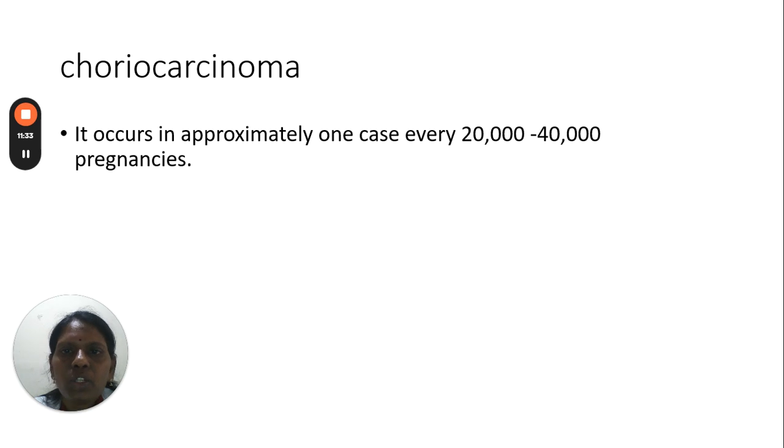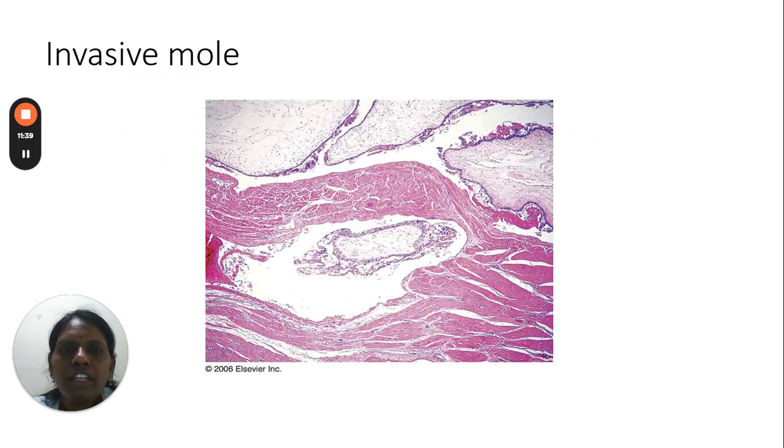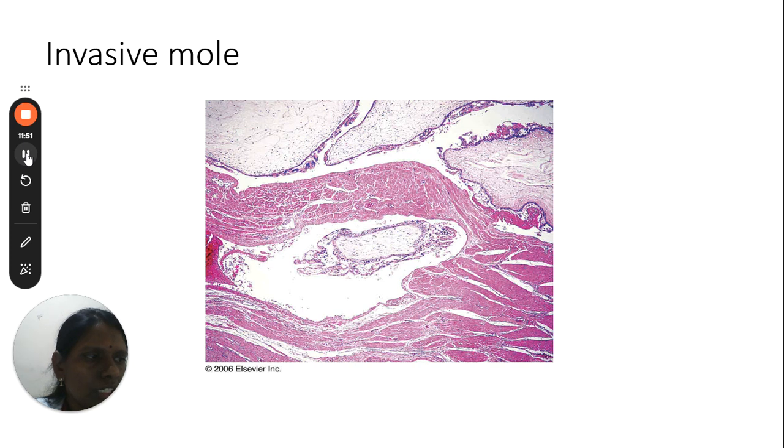Choriocarcinoma occurs in approximately 1 case in every 20,000 to 40,000 pregnancies. Invasive mole is locally invasive and will perforate into the myometrium and serosal layer. It is the most common gestational trophoblastic neoplasia, and metastasis occurs in 5% of cases.